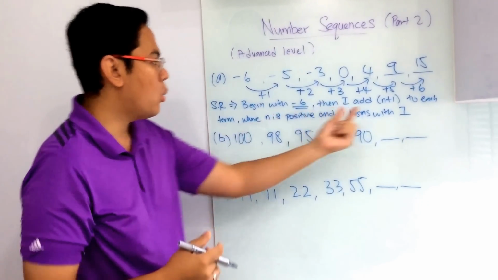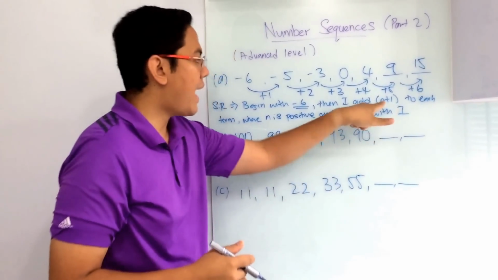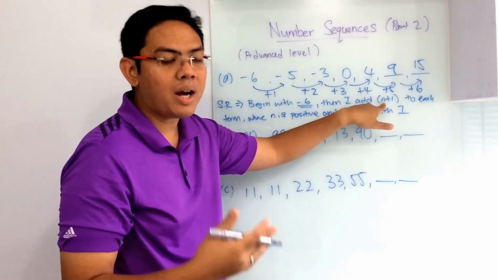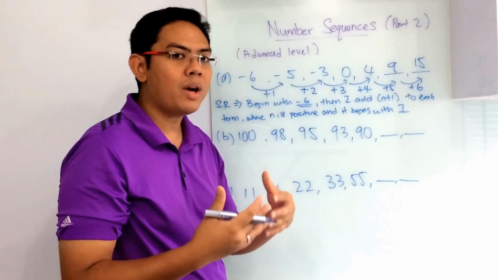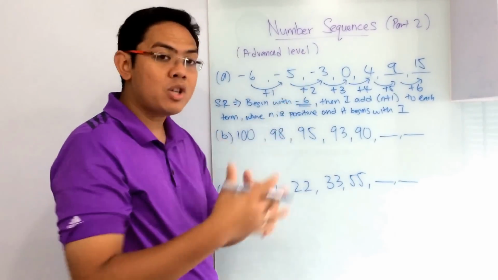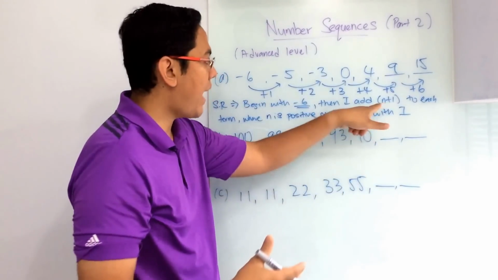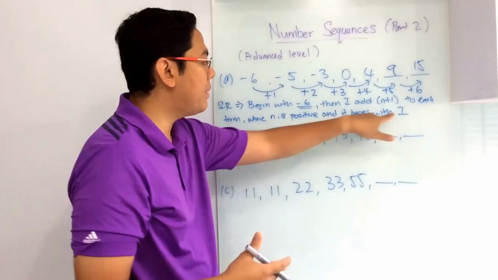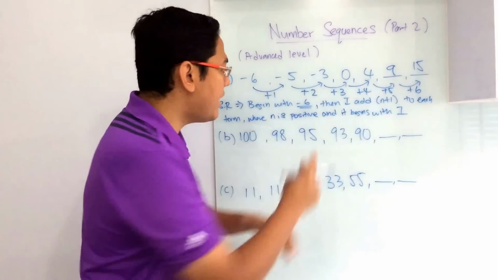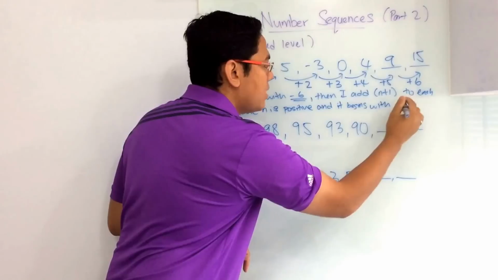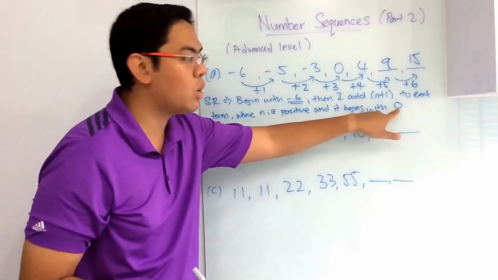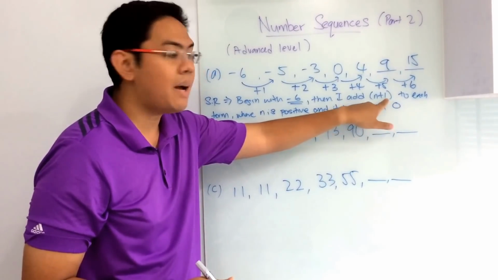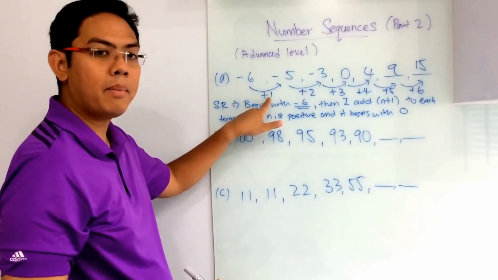So again, what is this n plus 1? N is a variable, so I'm using an algebraic term to describe what I should add to each term. So say that if I begin with n equals 0, n plus 1 becomes 1. Plus 1.